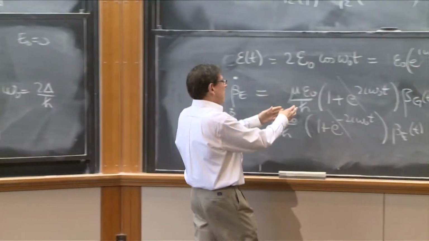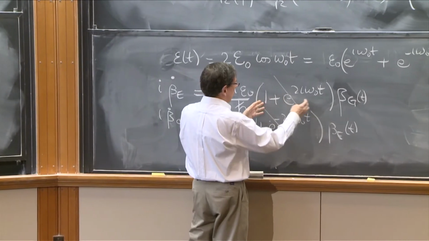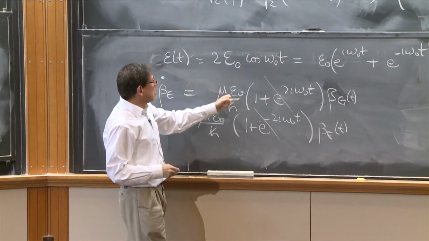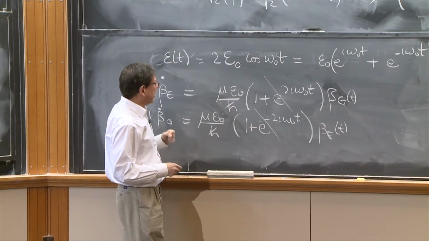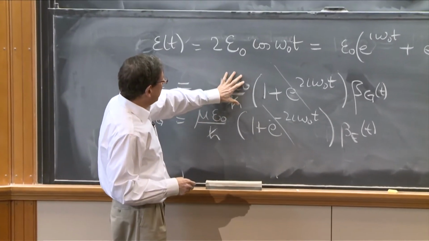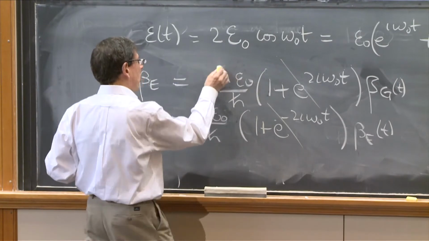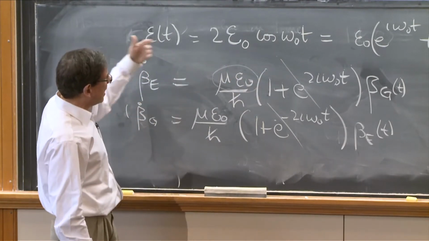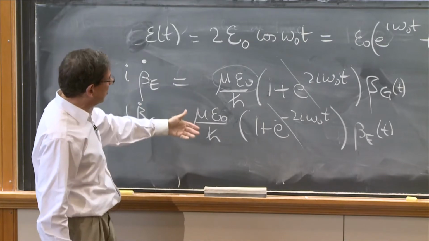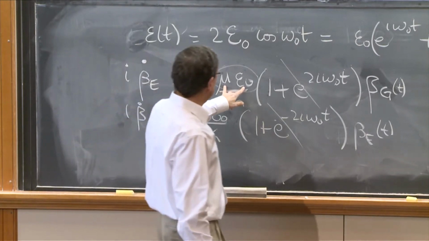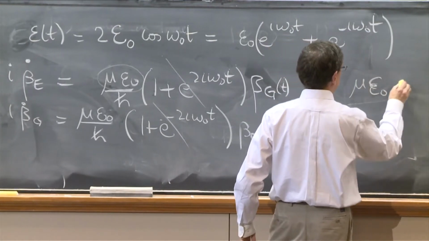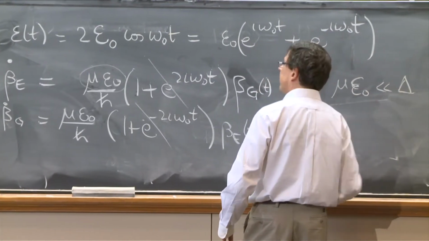This is a number that sort of goes between 1 and -1 with some phase. Mu E naught, however, over h bar is a very small number. We're saying, compared to the natural scales of the problem, this energy, mu E naught, is much smaller than delta.